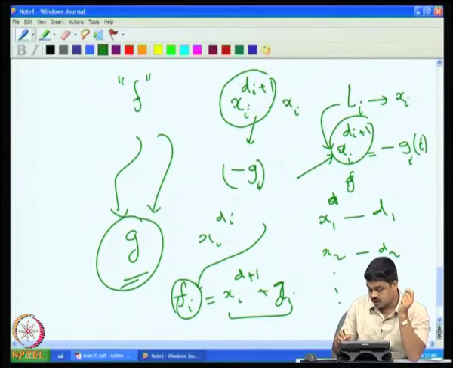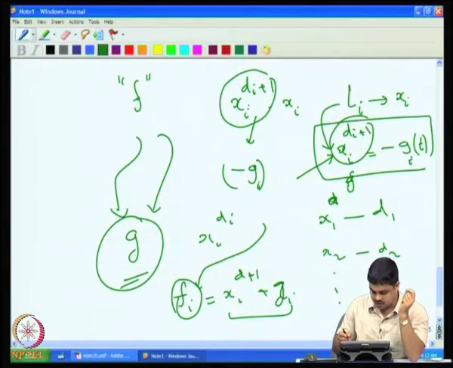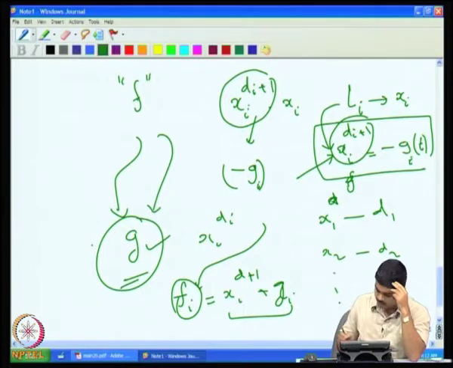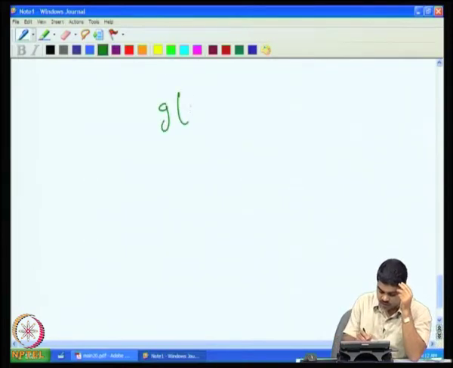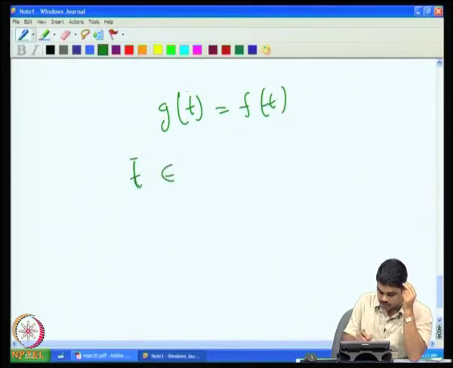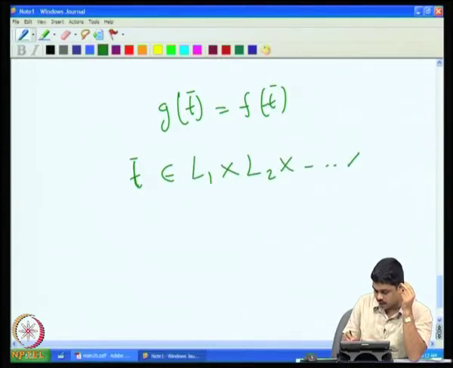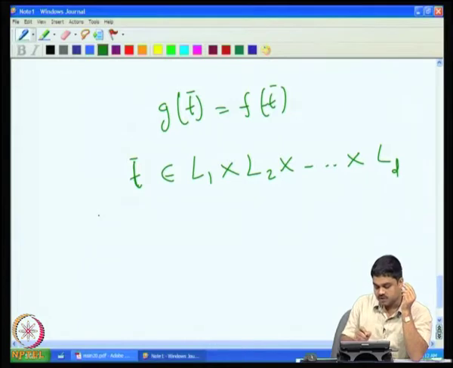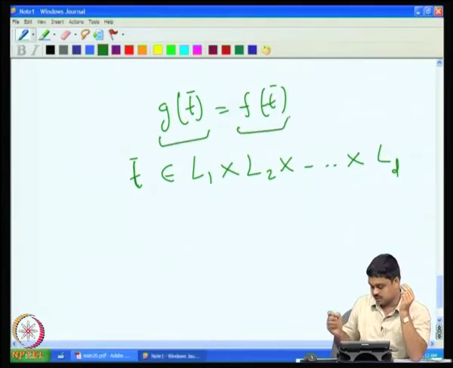So, when we evaluate g by substituting a value for xi from the list Li, g and f will evaluate the same. So, we will have g of t equal to f of t if t is picked from L1 cross L2 cross, up to Ld. If each xi gets a corresponding value from Li, then it does not matter whether you substitute in f or g, right.